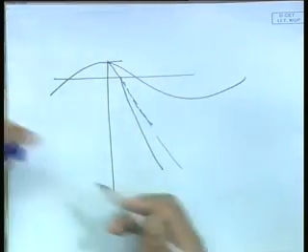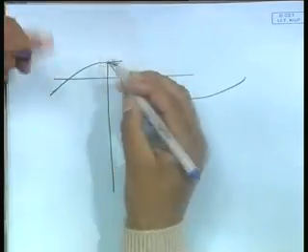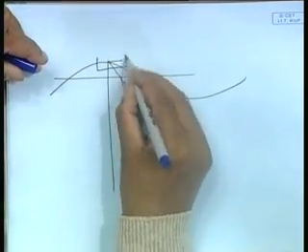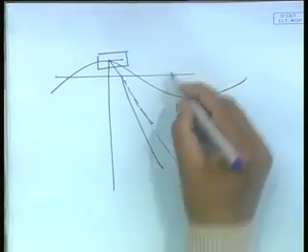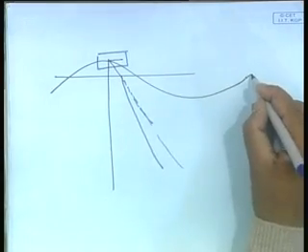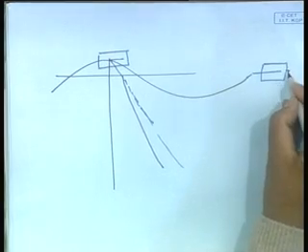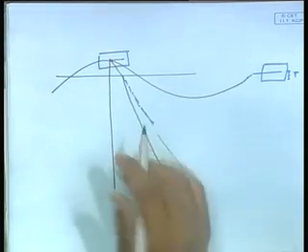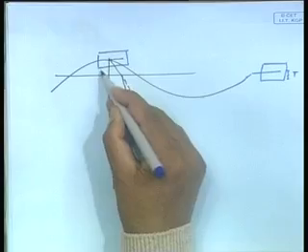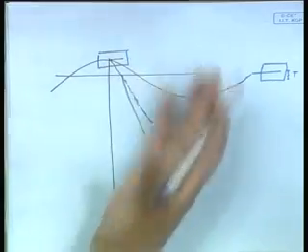Now, think of a boat. Suppose there is a boat here. Let us consider it in calm water first. It has a draft of T, which means that below T I have this pressure rho g T supporting it.